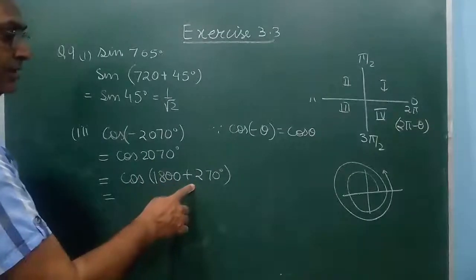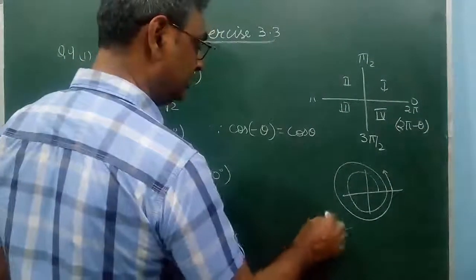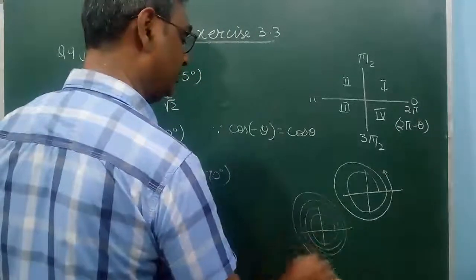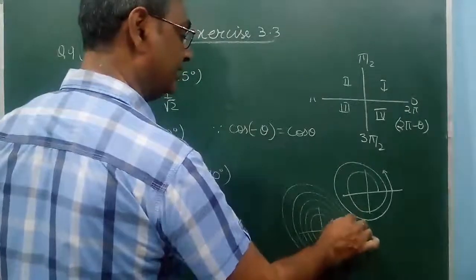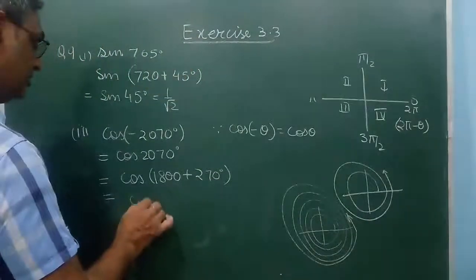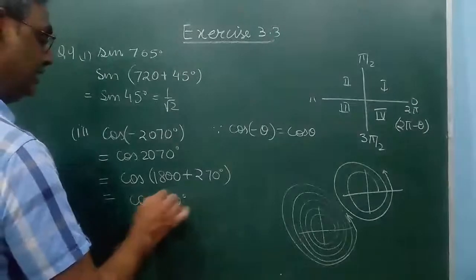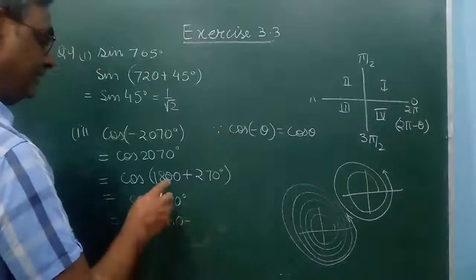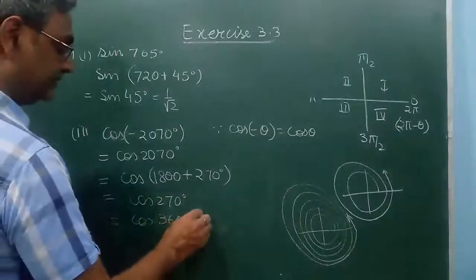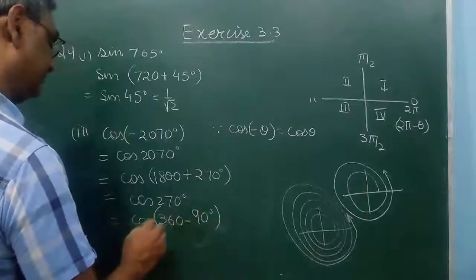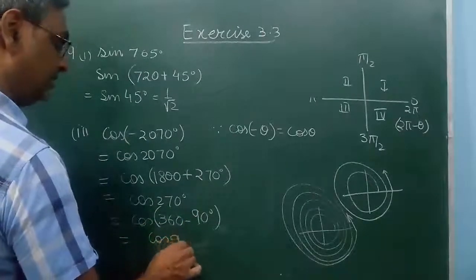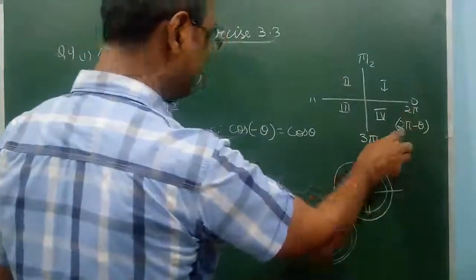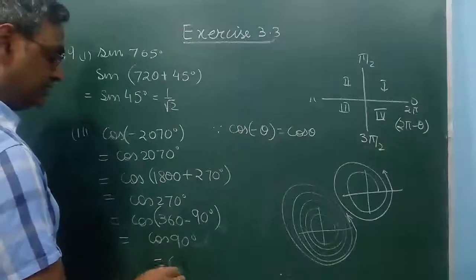So this is in which quadrant? Again, this is 360, 1, 2, 3, 4, 5, and then here. So this is first quadrant. So this is cos 270. And now again we can directly also have written here. This is fourth quadrant, and 360 minus theta is fourth quadrant, and this is equal to 0.